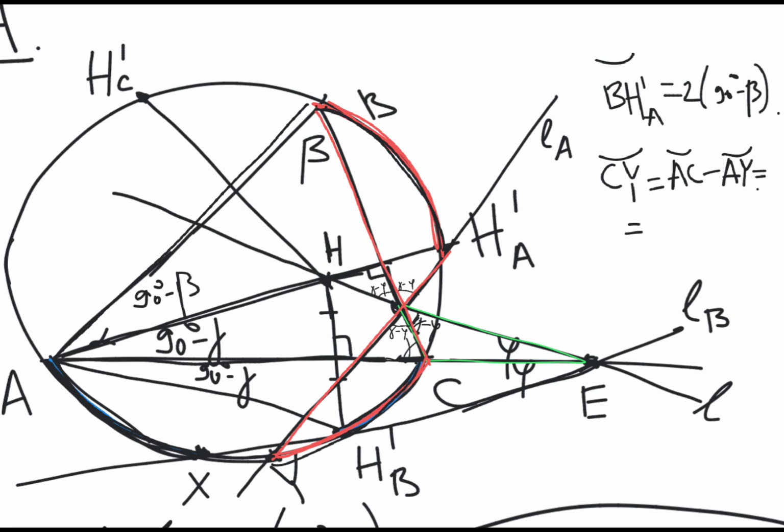There is angle beta that is inscribed subtending this arc, so AC is equal to 2 beta, minus AY. Now we have expressed both of these red arcs, BHA prime and CY, and so the angle gamma minus phi.